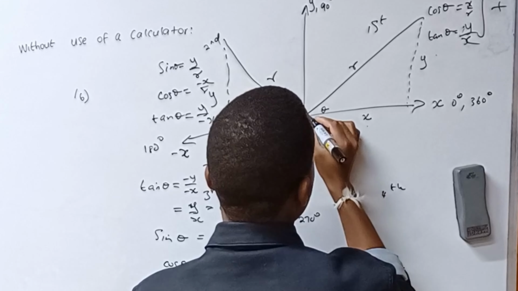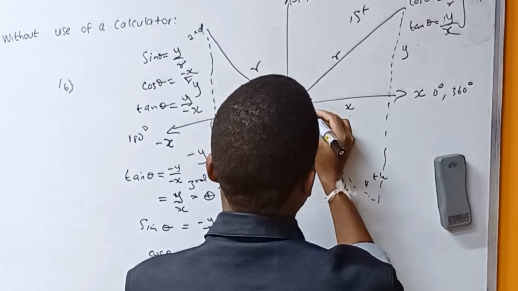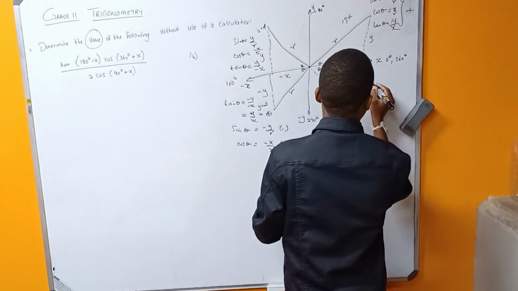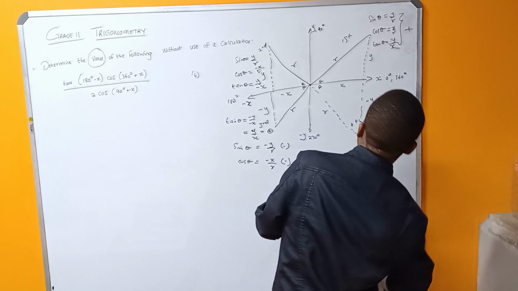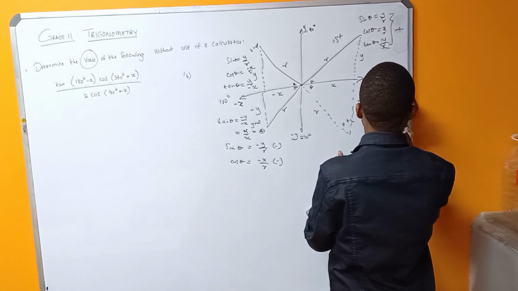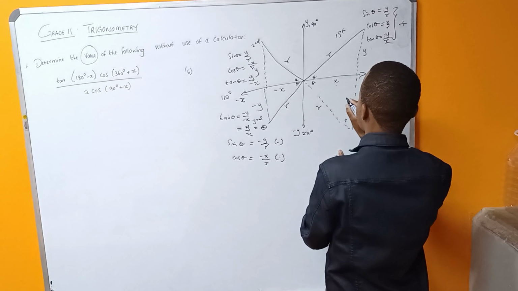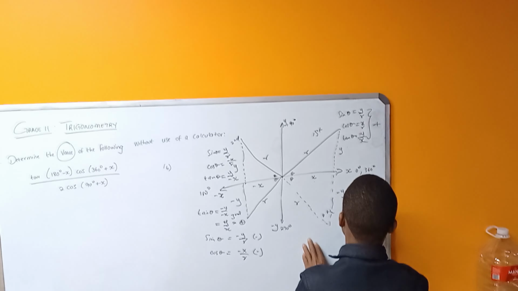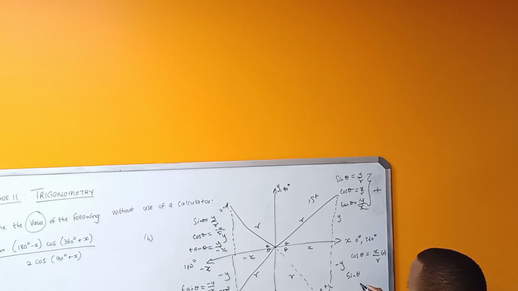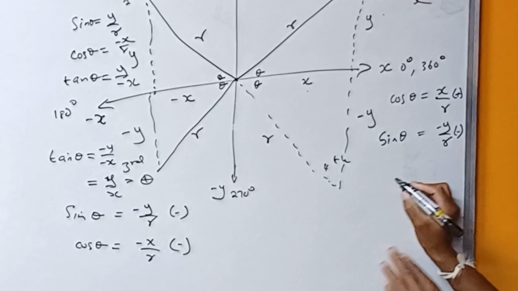Moving to the fourth quadrant, here we have r, here we have minus y. For cos theta we have x over r, which makes it positive. For sine theta it becomes minus y over r, which makes it negative.